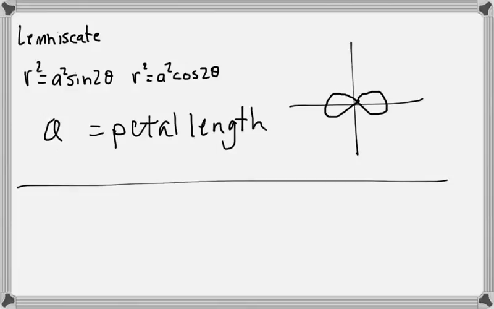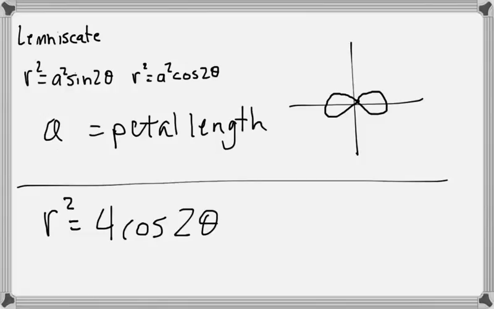So here's an example. We have r squared equals 4 cosine of 2 theta. How long are my petals? Square root of A is what?